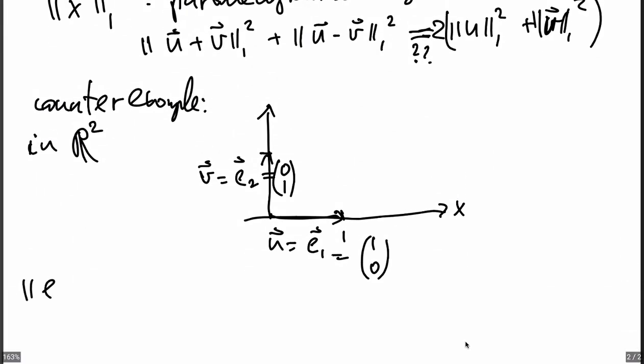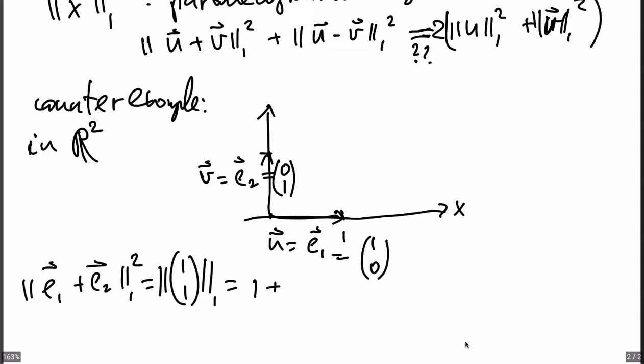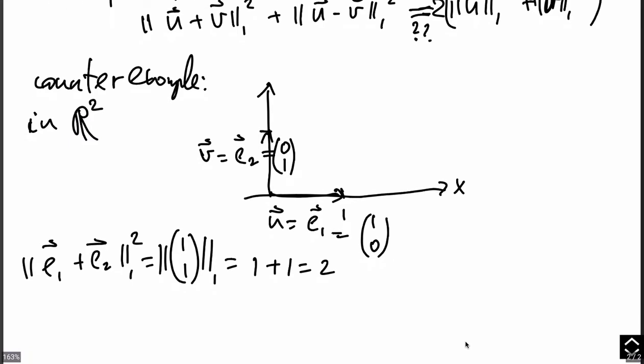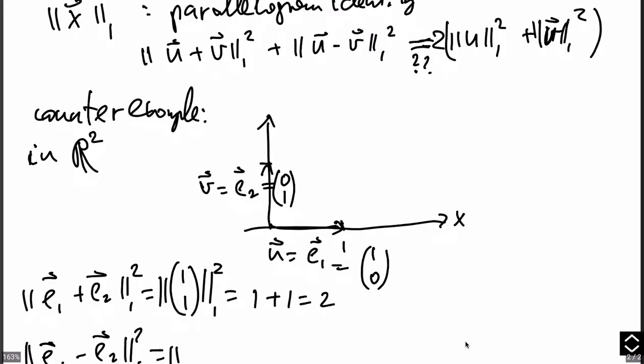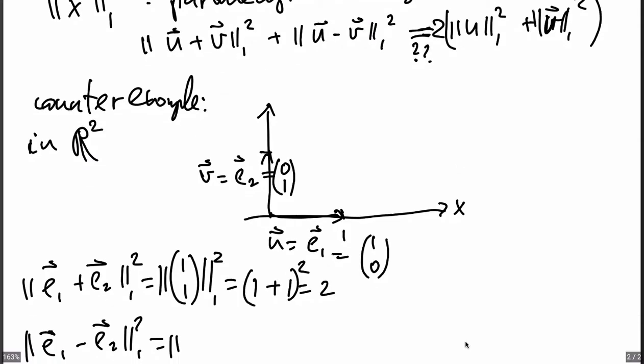So the 1 norm of E1 plus E2, squared: 1 plus 1 is 2, and we also have to square it, so we get 4.